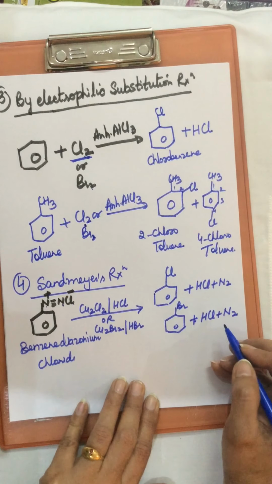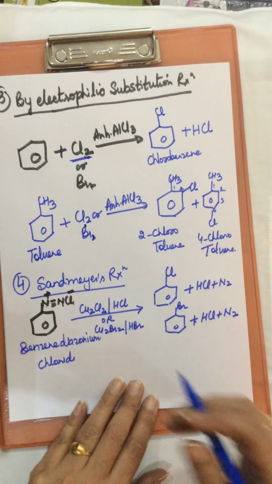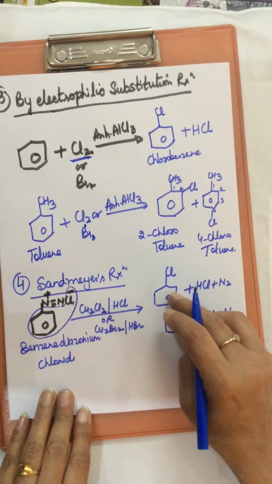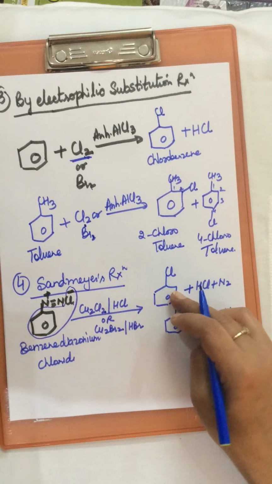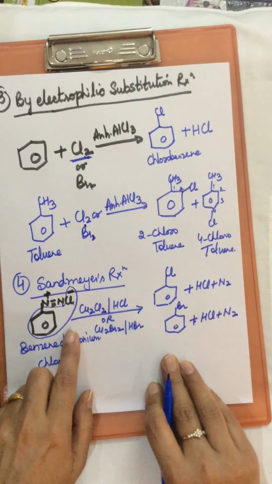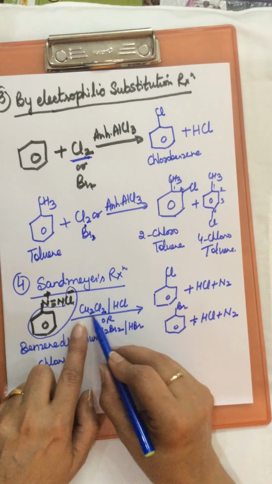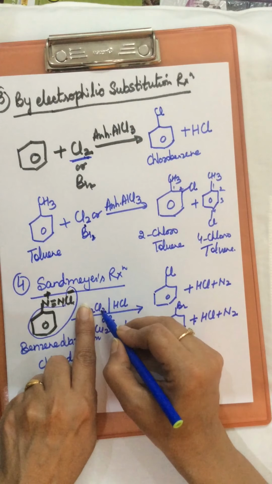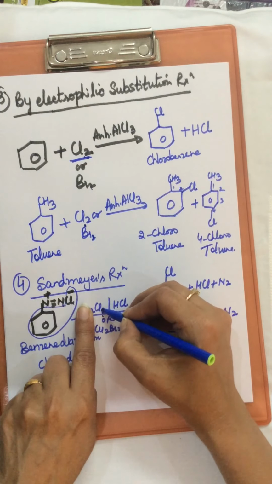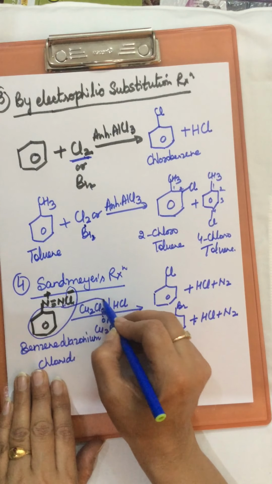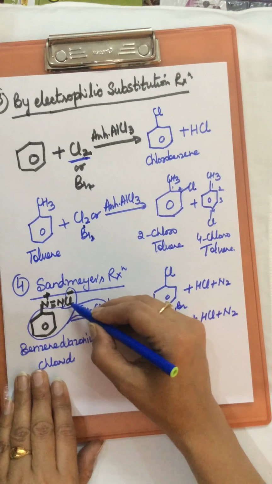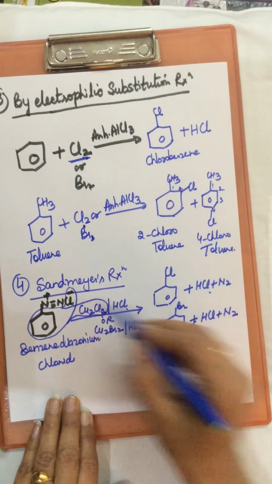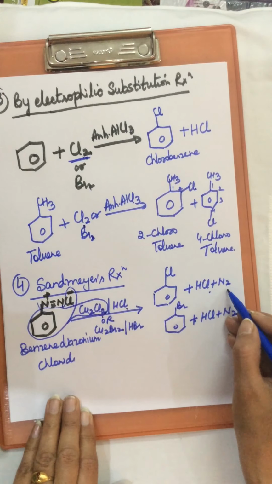Now see how we get these products. This Cl comes here and we are getting chlorobenzene in this case. Now we have this Cu2Cl2. There's no role of this copper here in this case. Actually, this Cl comes here. This Cl will combine with this H and forms HCl, and this nitrogen comes out here.